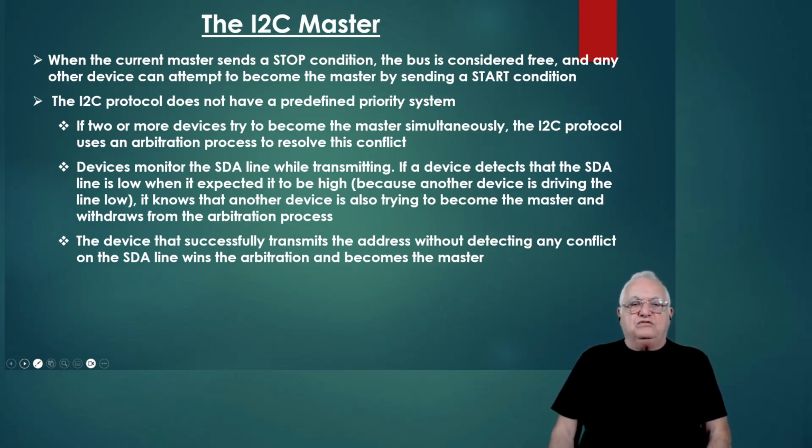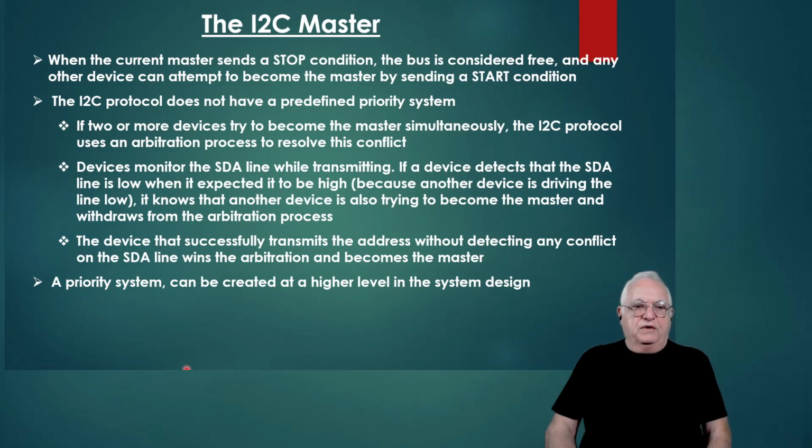The device that successfully transmits the address without detecting any conflict on the SDA line wins the arbitration and becomes the master. So if you get on the line and you send the address plus read or write successfully, then you know that you're the master. Otherwise, back off.